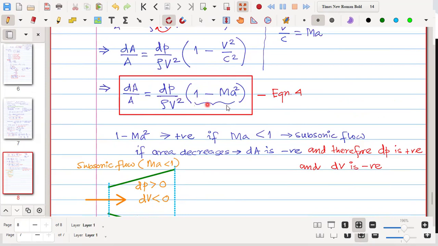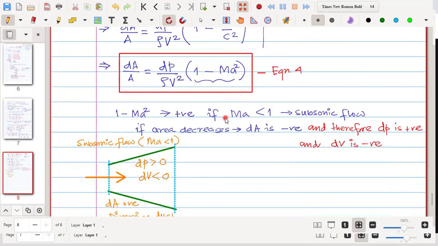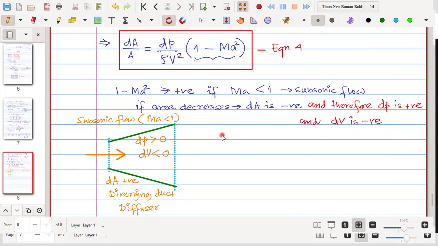Since this is positive for subsonic flow, whatever be the sign of dA, that will be the sign of dP, isn't it? Okay. Next onward analysis is very straightforward. Same thing we will copy.